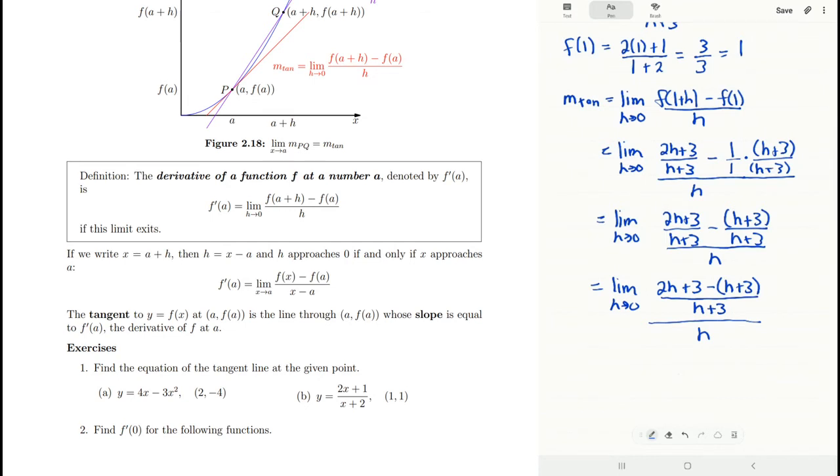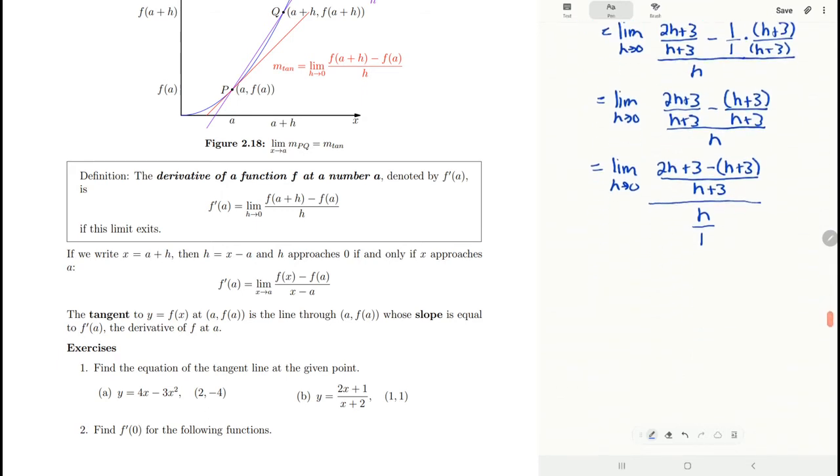So now rather than working with two fractions, let's rewrite it so that we only have one. So we can treat the denominator as a fraction of h over 1, and now we can multiply by the reciprocal of the denominator. We will also distribute the negative through the brackets in the numerator. So we have the limit as h goes to 0 of 2h + 3 minus h minus 3, that's all over h + 3.